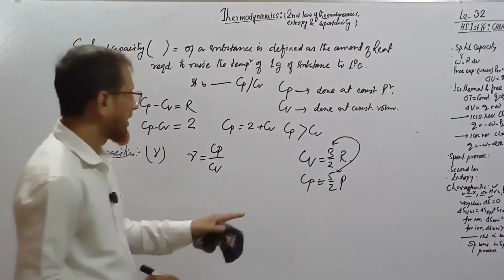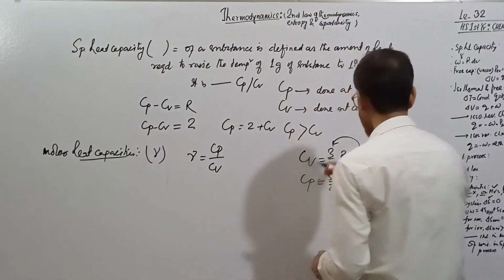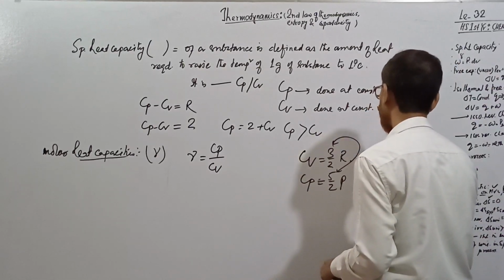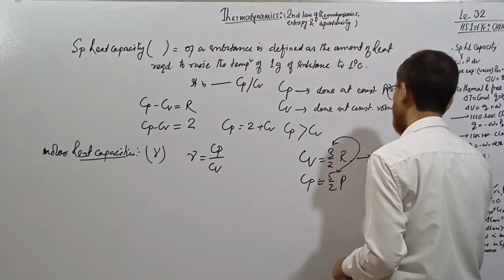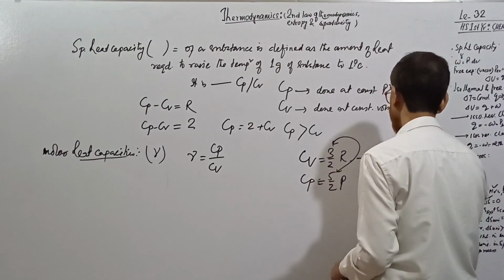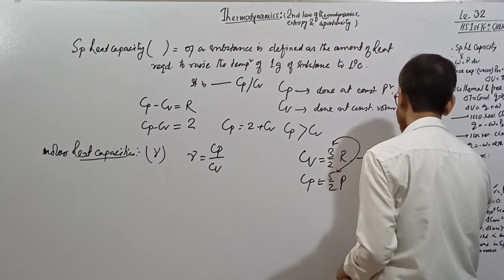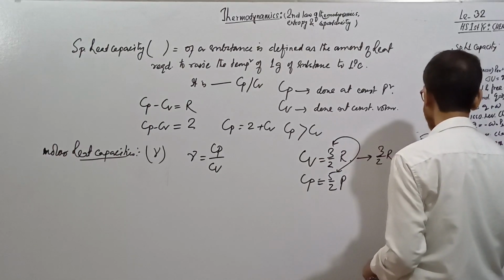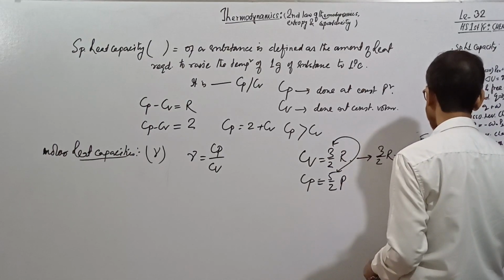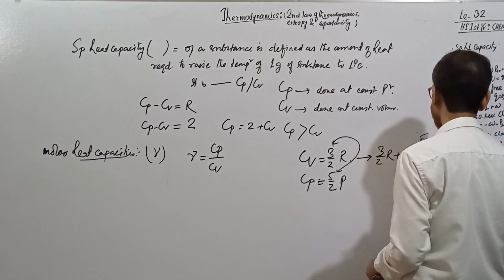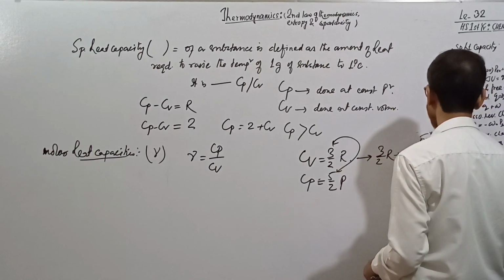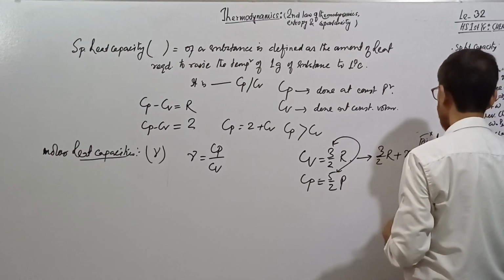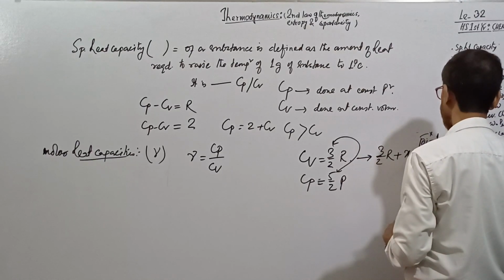But one thing: this is a fixed value if the atom is monoatomic. If it is polyatomic, you adopt a term x. If it is diatomic, the value of x is equal to 1. If it is triatomic, the value of x is equal to 2.